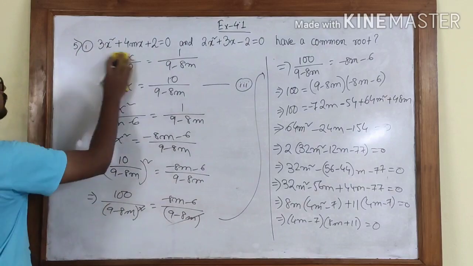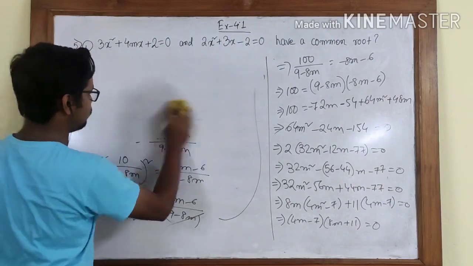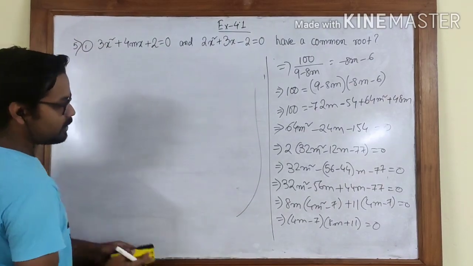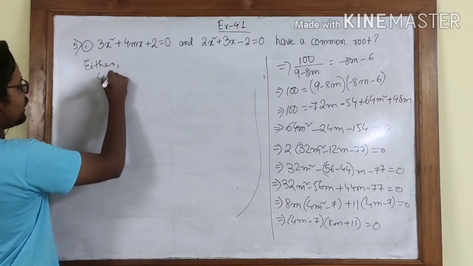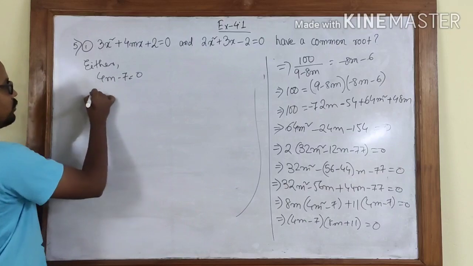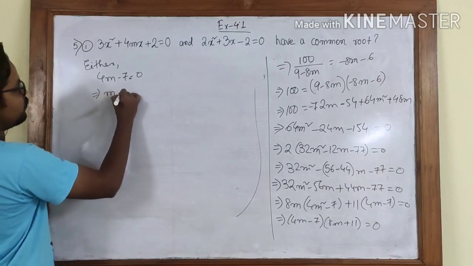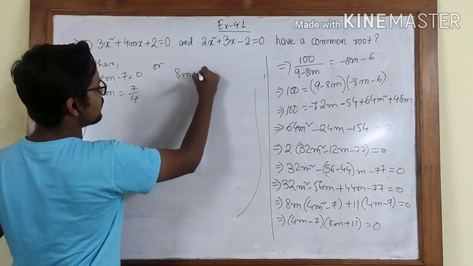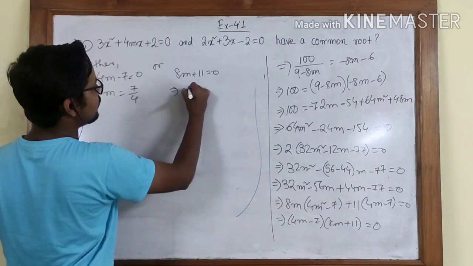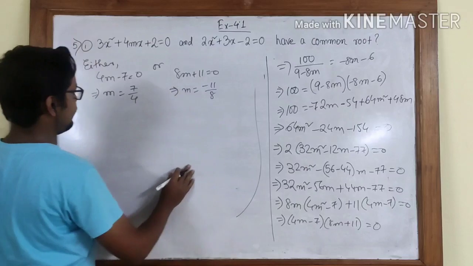Let me erase this part. So what I have here, either 4m minus 7 will be equal to 0, which implies m will be equal to 7 by 4, or we will have 8m plus 11 equal to 0, implies m will be equal to minus 11 by 8.